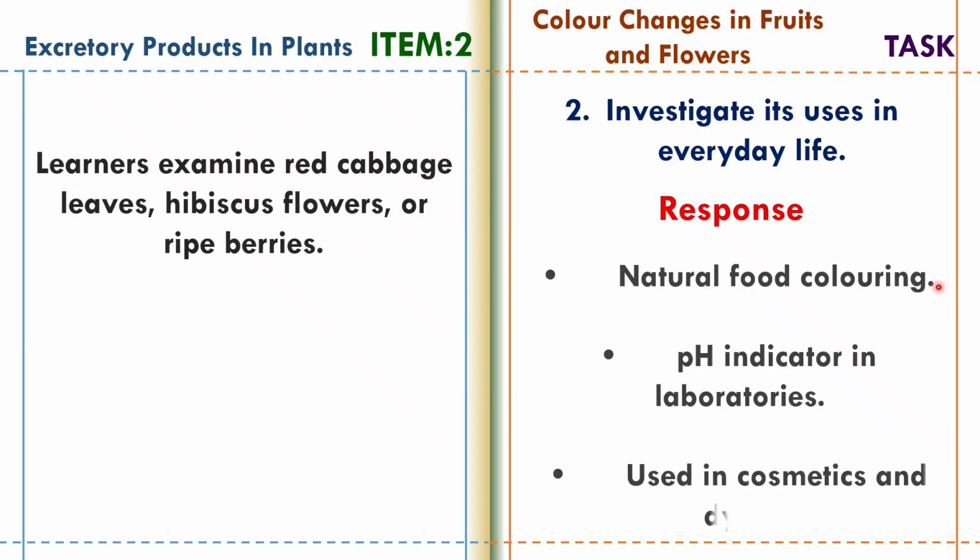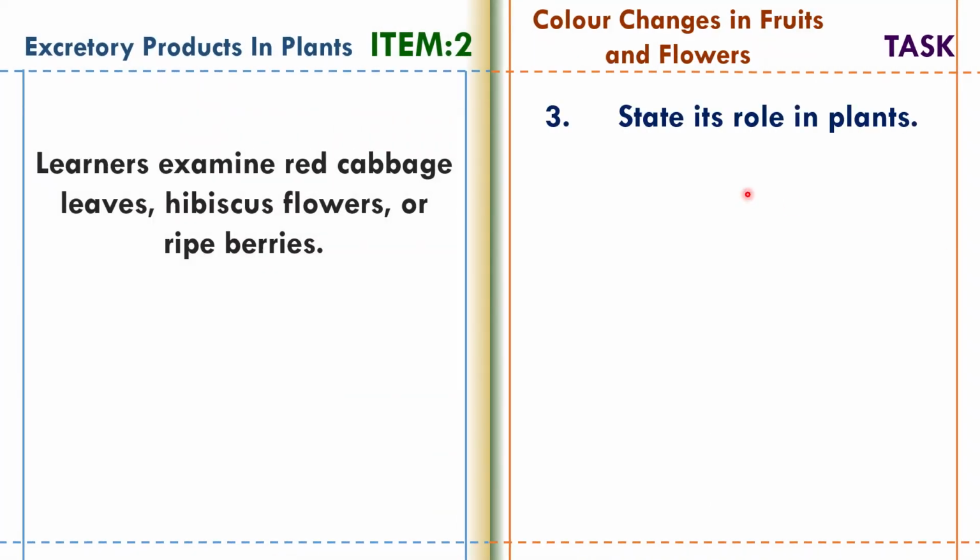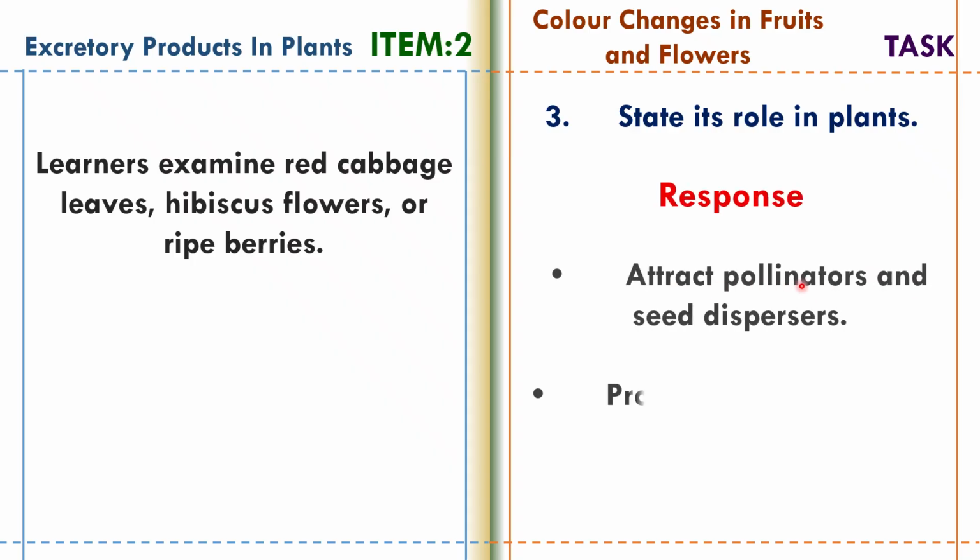Natural food coloring, pH indicator in laboratories, used in cosmetics and dyes. State its role in plants. Attracts pollinators and seed dispersers. Protects plant tissues from ultraviolet radiation.